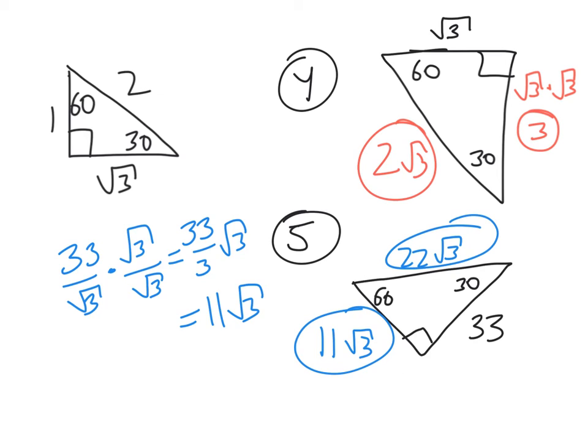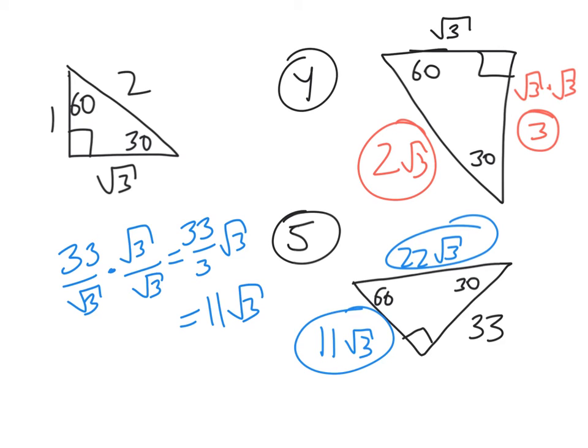Again, notice these relationships. They're very similar to the square root of 2 ones in the 45, 45, 90 triangles. When I have the square root of 3 opposite the 30-degree angle, like in number 4, the coefficient just ends up getting multiplied by 3.